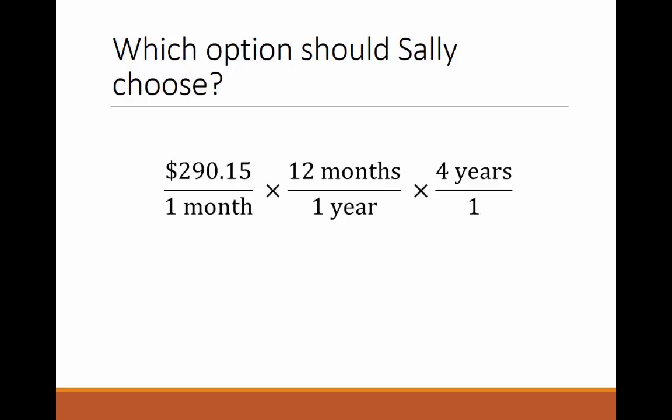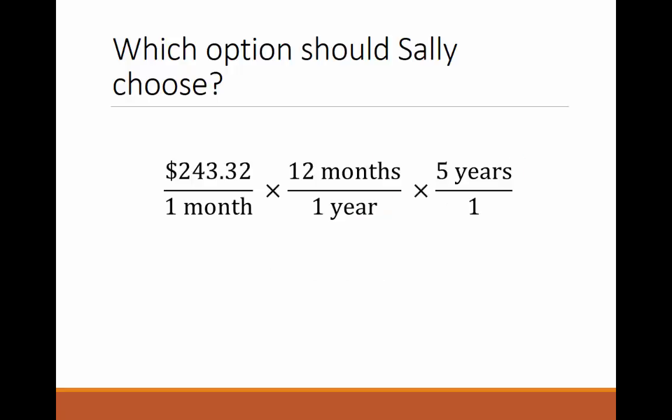By setting up a simple unit conversion, we can see how much Sally's $12,000 car is actually going to cost us. In the second option, Sally was paying $290.15 per month over the course of 12 months for 4 years. So in total, that loan is going to cost her $13,927.20.